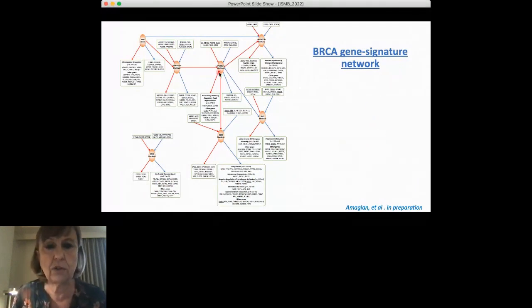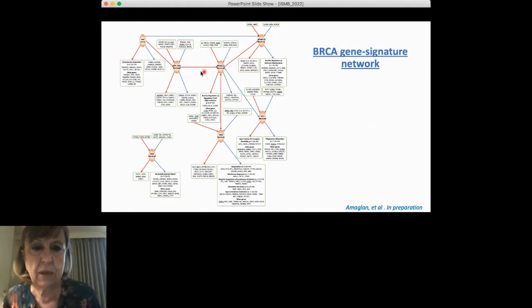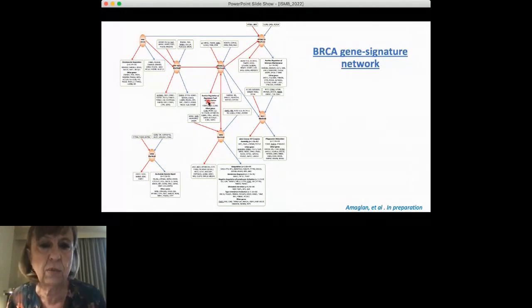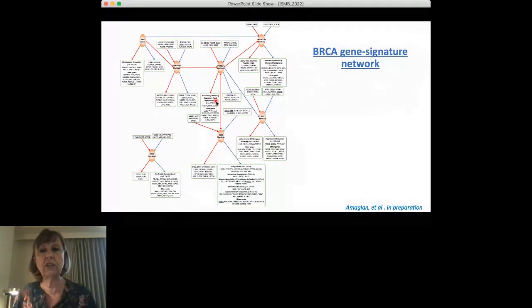Now we can appreciate that we have directed edges from double-stranded break repair, which is homologous recombination differences, to APOBEC. So we know which signature goes to which one. We also can now appreciate that APOBEC signature is related to immune response, and we have the immune response regulatory T-cell activations associated with APOBEC, which makes biological sense.